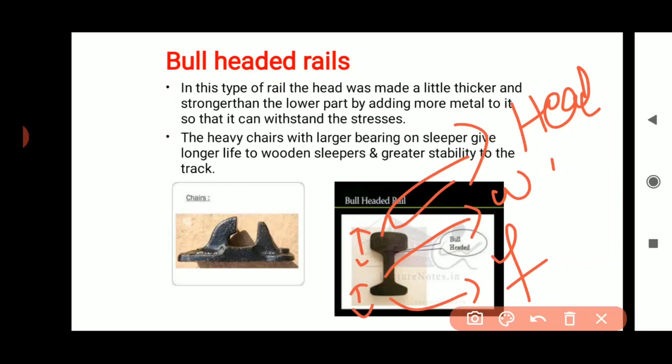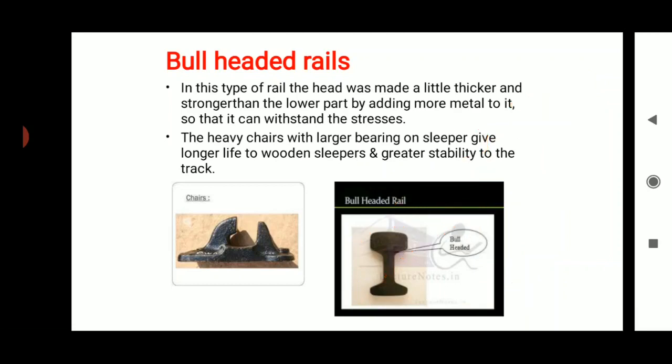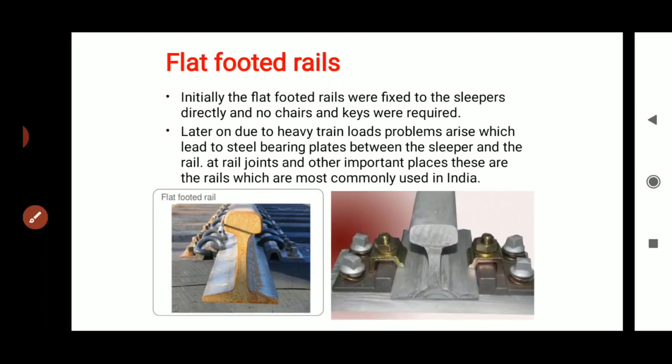In this case, the chairs and keys increased the additional cost, as they required additional cost for the iron chairs and heavy maintenance cost. So to overcome that, now we are using flat footed rails. In India, flat footed rails are most commonly used now.